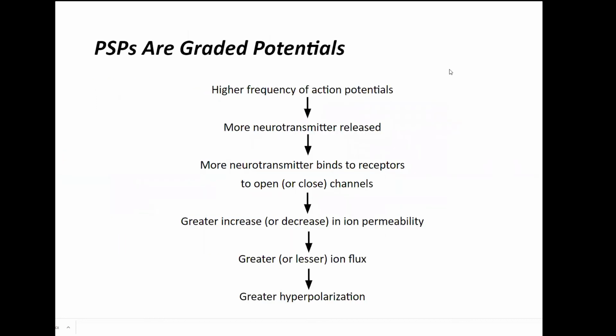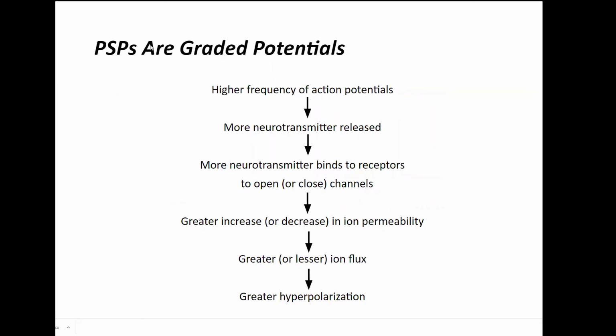Okay. So we could have a pretty basic flow of our postsynaptic potentials. Our postsynaptic potentials are graded potentials. They're just specifically graded potentials in the second neuron in our chain, in that postsynaptic neuron.